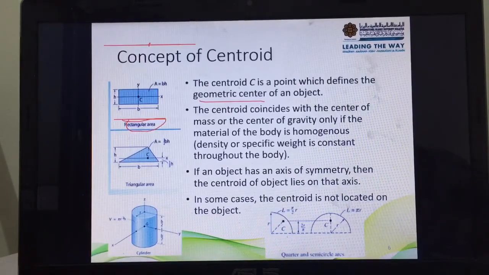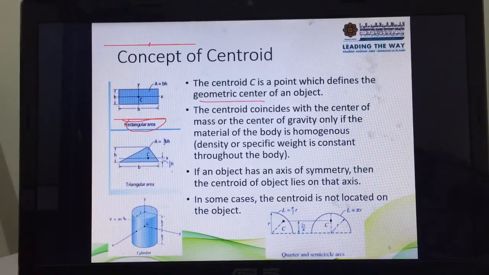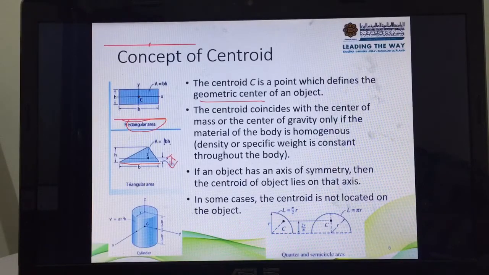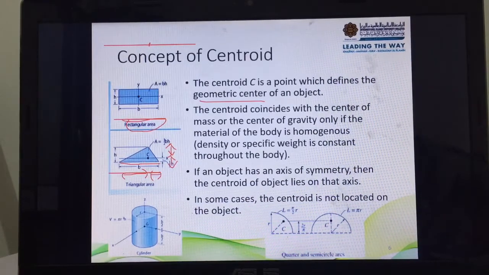For the triangular area, the centroid C will be 1/3 from the big side, and 2/3 of the length of the height from the smaller side.